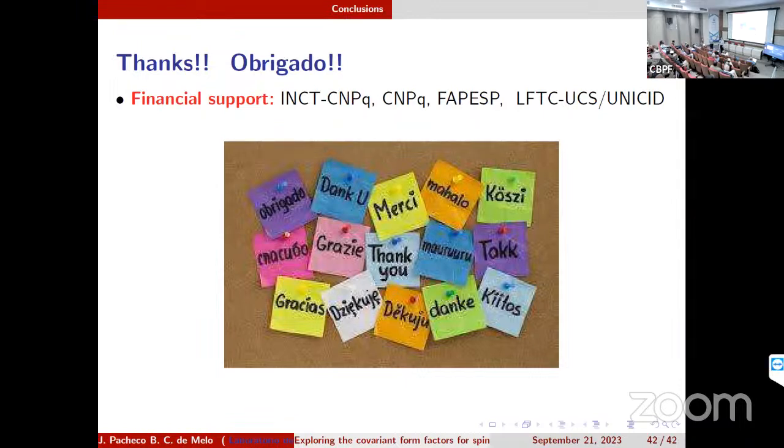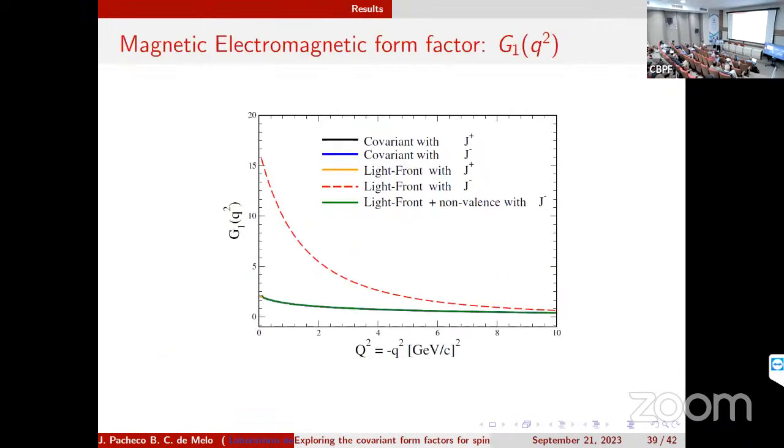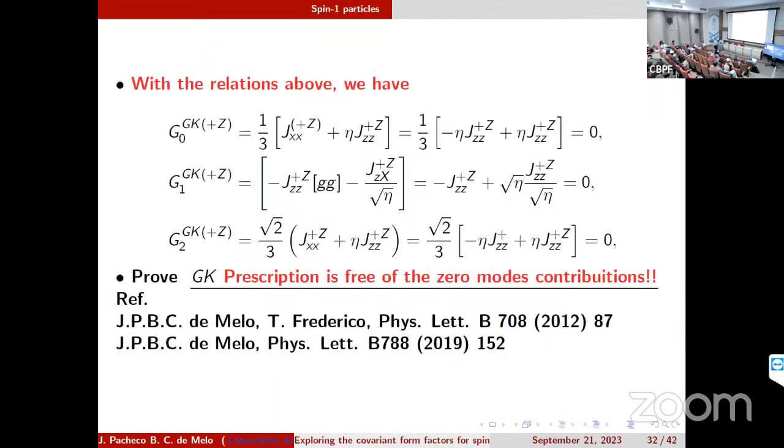Thank you. Any further questions for Pacheco? Okay, I have a question. The technique you presented, does it depend on the wave function, or does it basically work for any wave function to recover the covariance? It is very deep, in the level of the Dirac trace. It does not depend on any model.